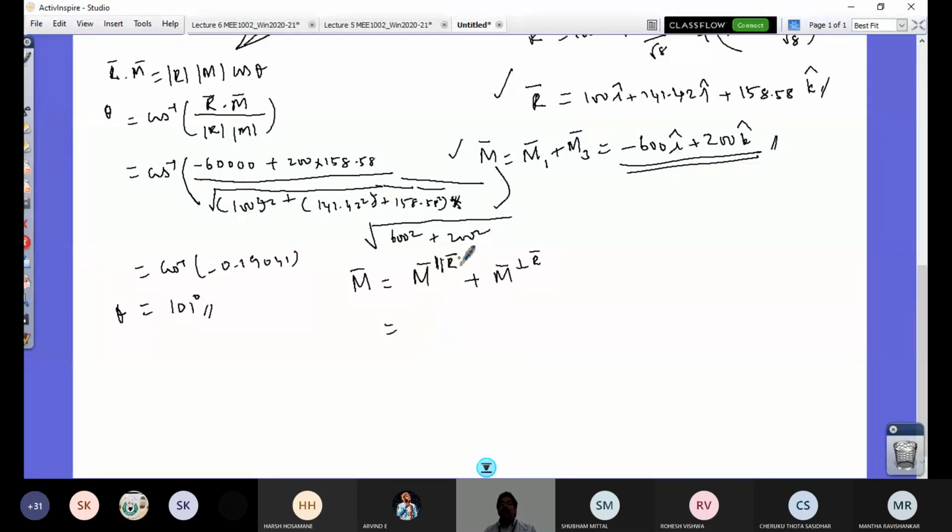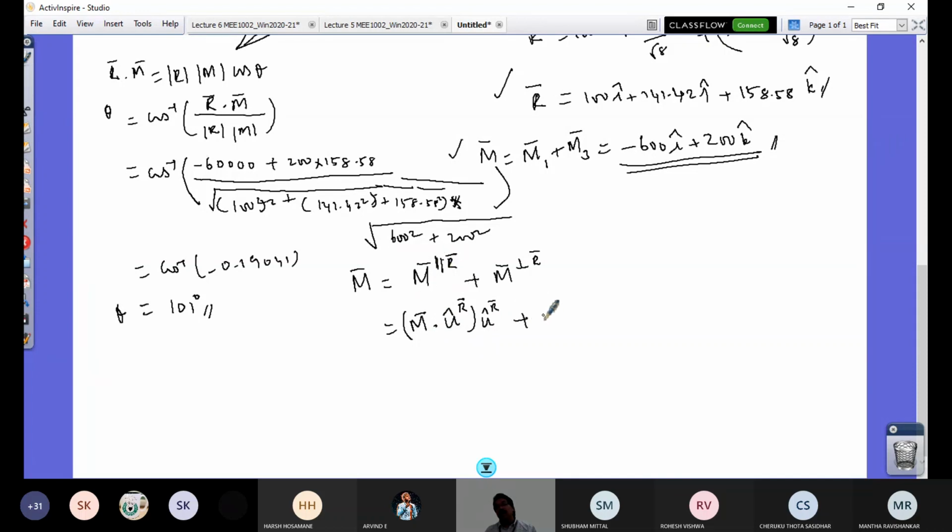The dot product times the unit vector of the resultant vector line. How can I write that? As M vector dot unit vector of the resultant vector times unit vector of this resultant. So this is what is going to be this one.